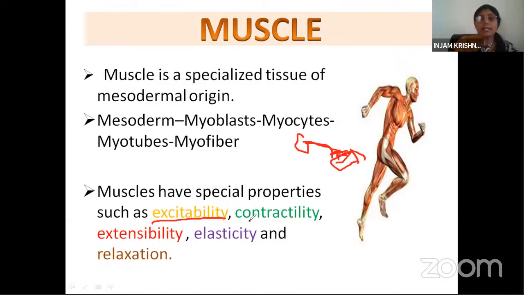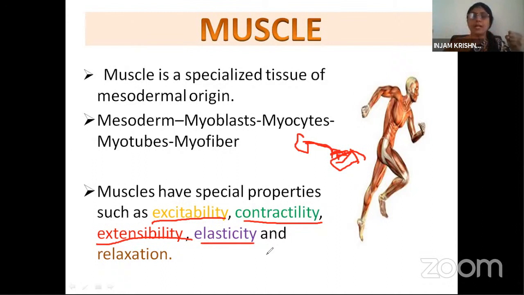Next, contractility. Already I told you, contractility means contract, come closer. Next, extensibility. We are just stretching our hand. This is extensibility. Our muscles are able to extend. And elasticity. If you apply force on a muscle fiber or any other substance, we can stretch it.